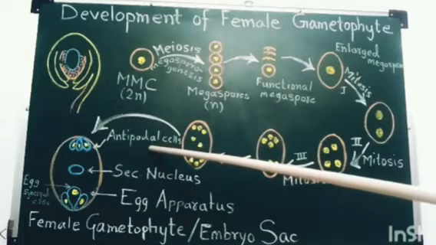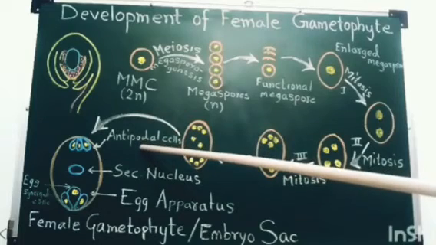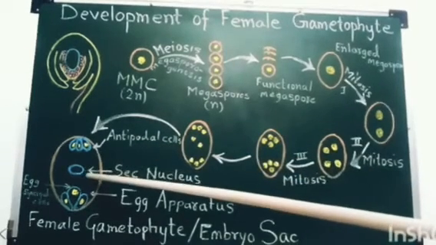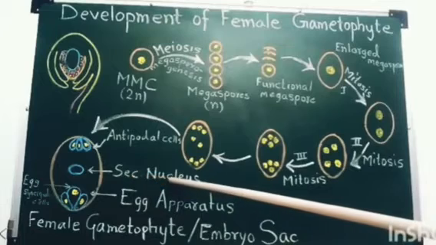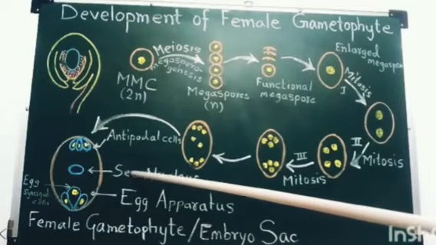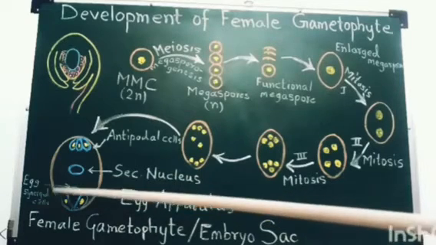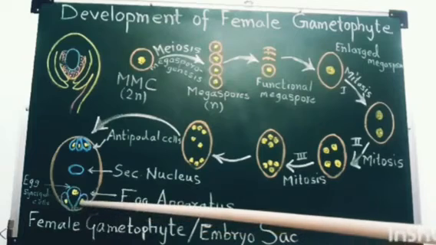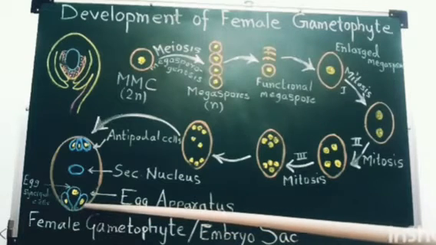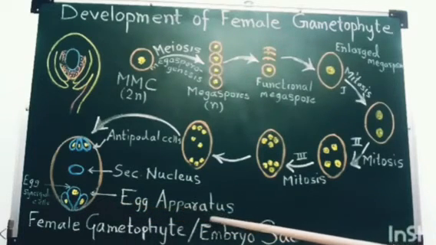Now these antipodal cells do not have any specific role in the process of reproduction, hence they degenerate. The central cell, which is called the secondary nucleus, after fertilization gets transformed into endosperm. And a group of 3 cells present towards the micropyle is called the egg apparatus.